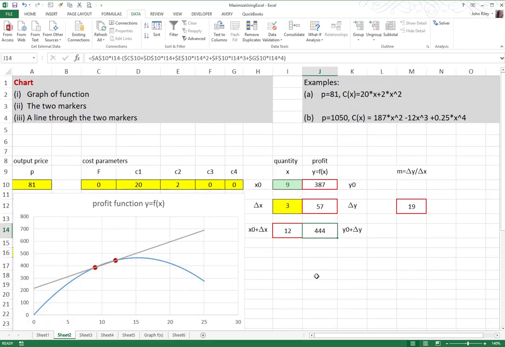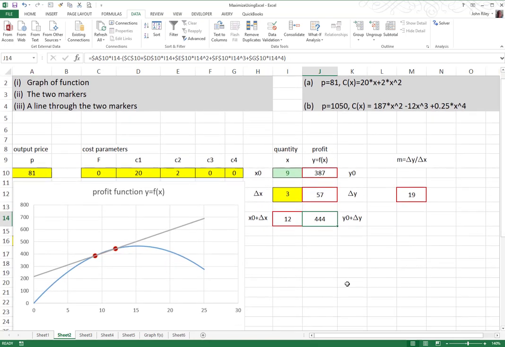It's the same data, and what I've done is draw 3 curves, and here they are. The first one is blue. That's the function. So I've drawn the function between 0 and 25 in the blue curve. I've drawn 2 markers. It's this point, 9 and 387.